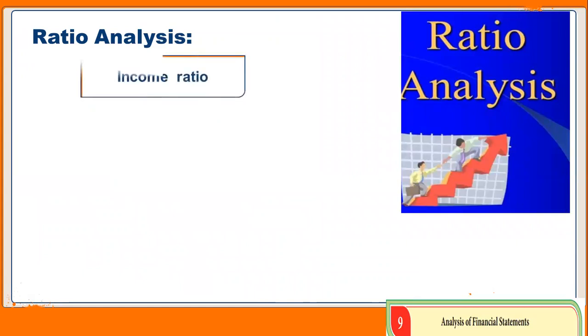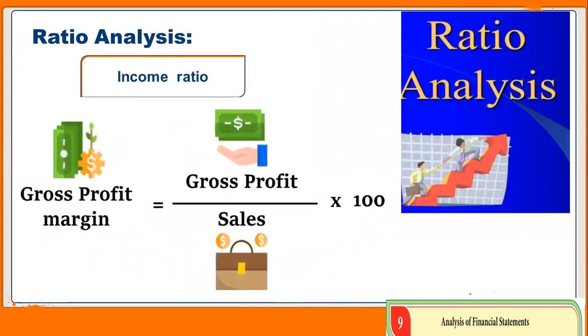Income ratio. In income ratio, what is the gross profit ratio? This ratio measures relationship between gross profit and net sales. Formula of gross profit ratio is equal to gross profit upon sales into 100.